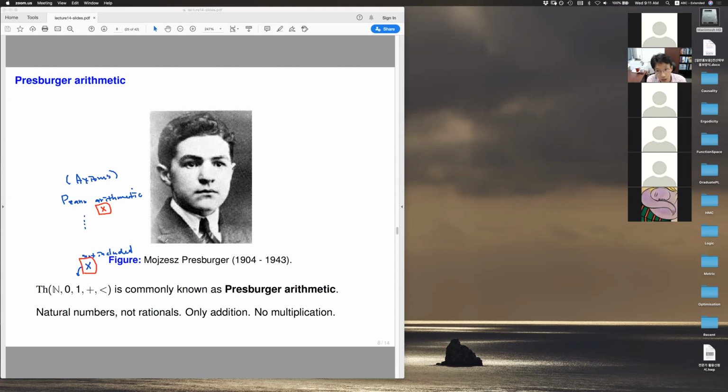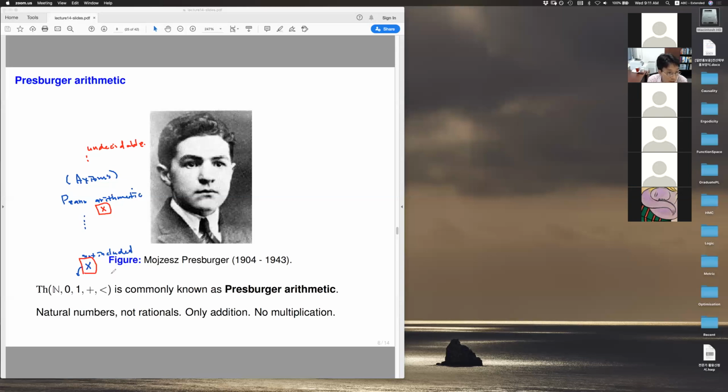But including or not including multiplication, when we study the set of natural numbers or number theory from the logical perspective, makes a huge difference. If you include multiplication, this becomes undecidable, and there are all sorts of problems, like Gödel's incompleteness theorem, that apply here.